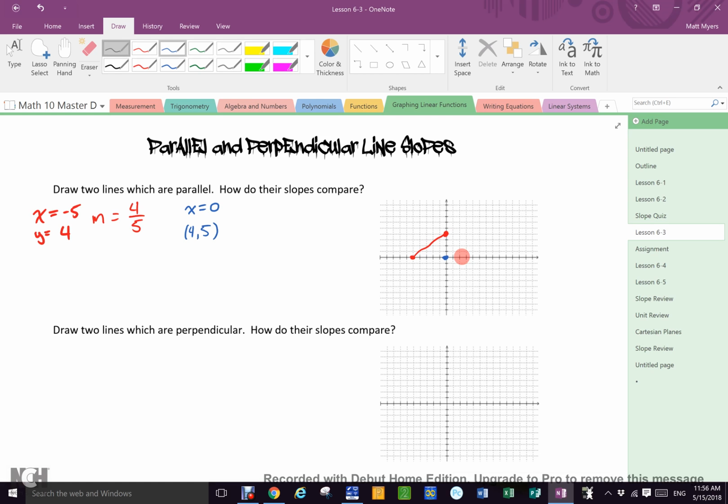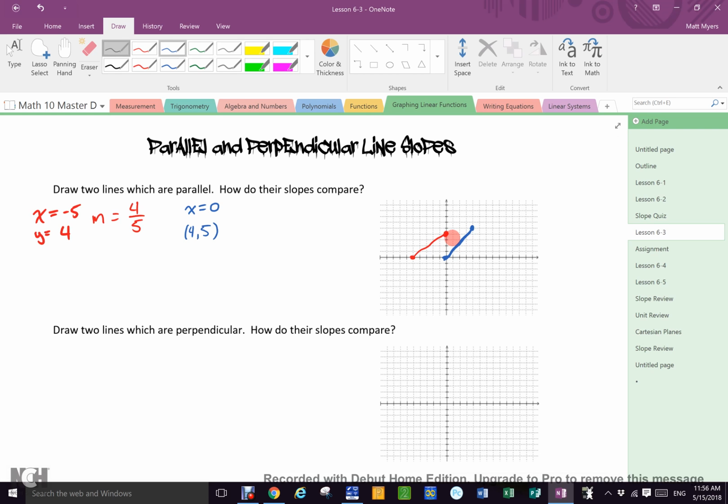Now, look at those 2 lines when I'm allowed to make it. There we go. And what do you know about the next red dot and the next blue dot?